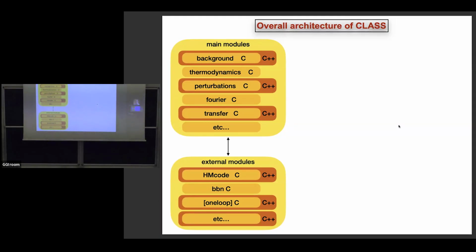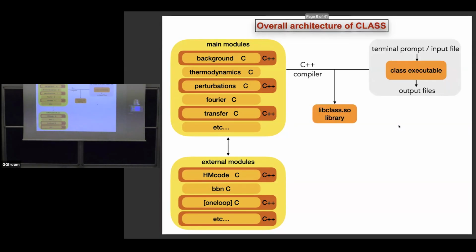Okay, so when you compile C, or even when you pip install CLASS, the first step is the C compilation. The C compiler or C++ compiler looks at all this stuff and it produces two things, a library and an executable.